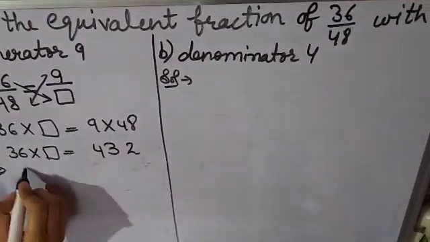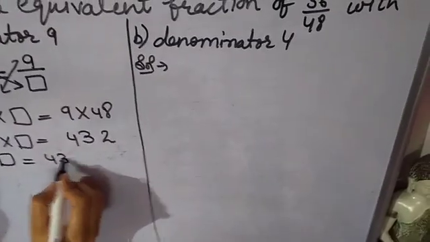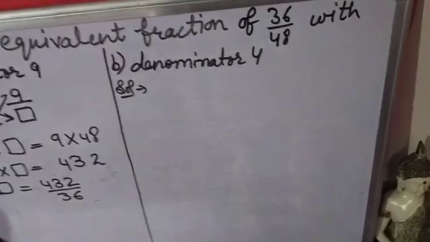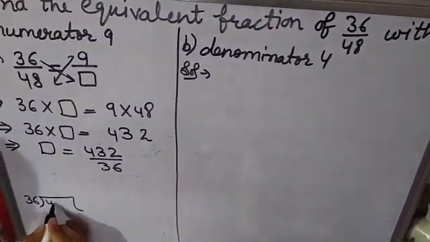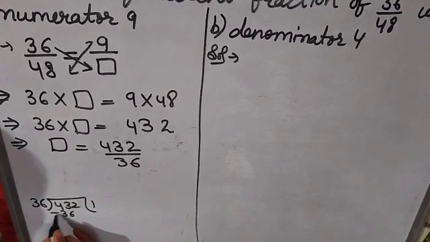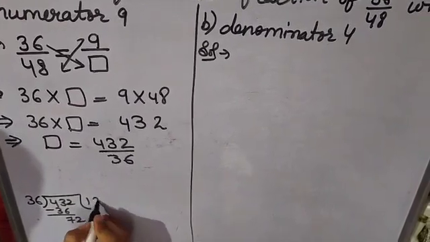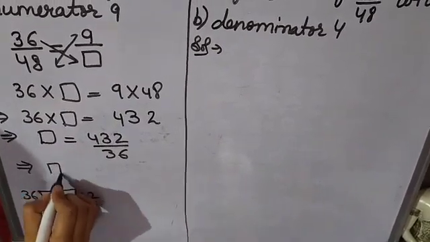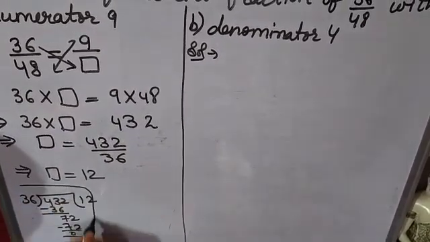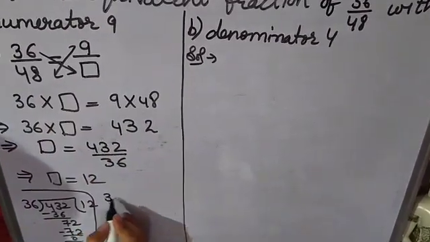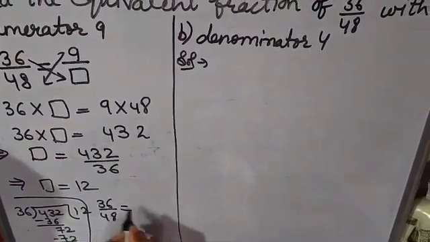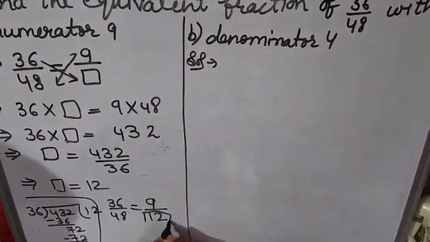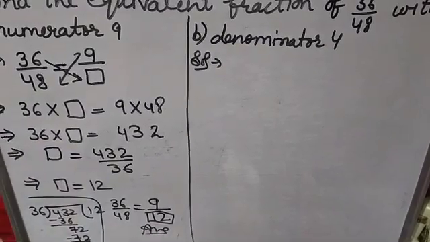Now 36 is here in multiplication, so it will go to the other side and become division. Do the division in rough. 36 ones are 36, 36 twos are 72... so the value of box is 12. It means the answer will be 36 upon 48 is equal to 9 upon, instead of box we will write here 12. So it will be the answer.